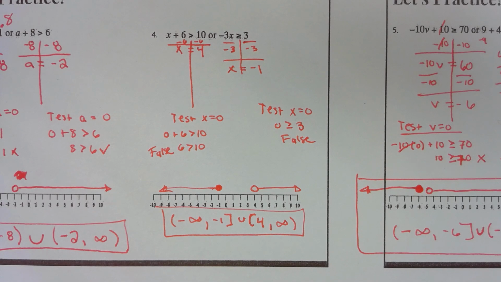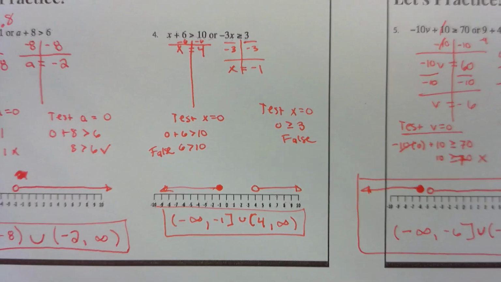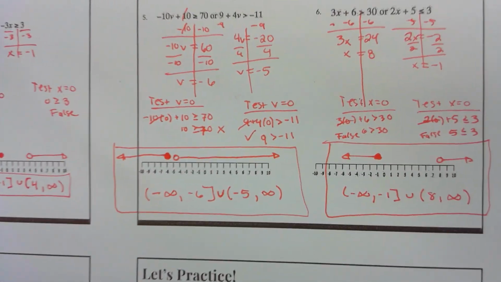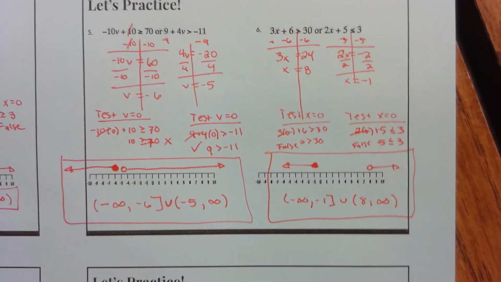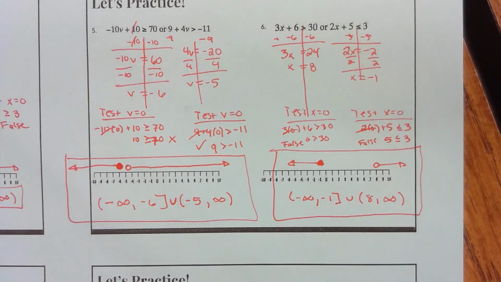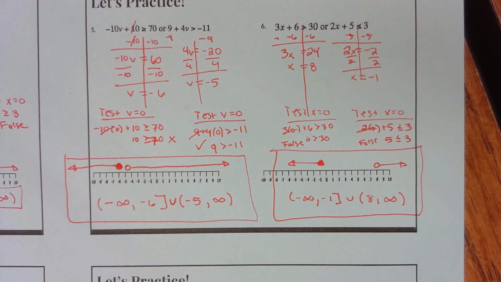Okay. The last one just has a couple more steps for you to solve and get it by itself, but not any different. So again, if you want to subtract 30 and get one side to be 0 like what we've been doing, that's absolutely okay.